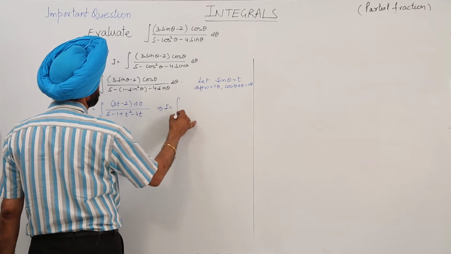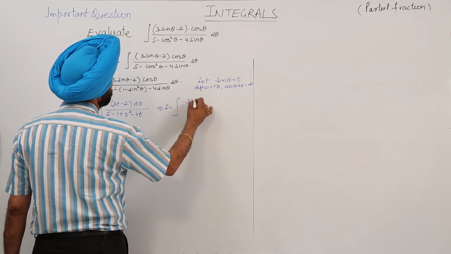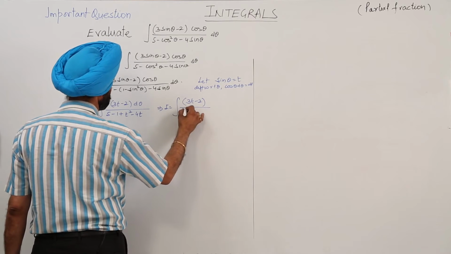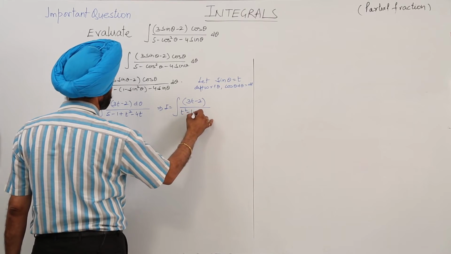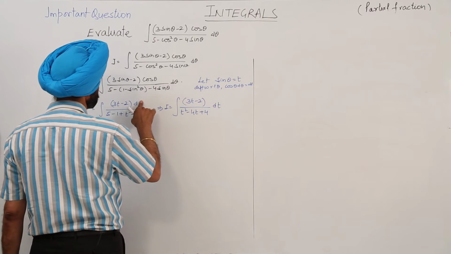This implies the integration of 3t minus 2 upon t square minus 4t plus 4 with dt. Sorry, here it is dt.